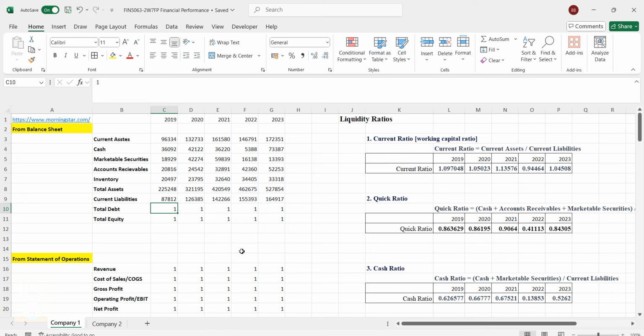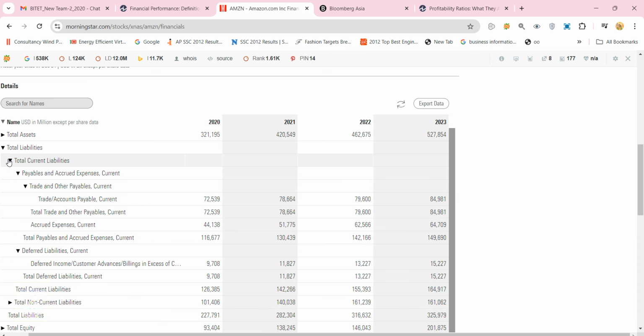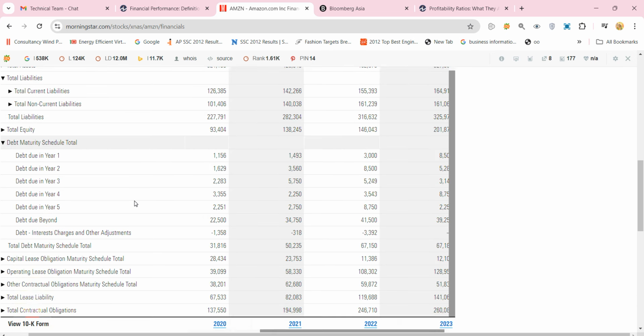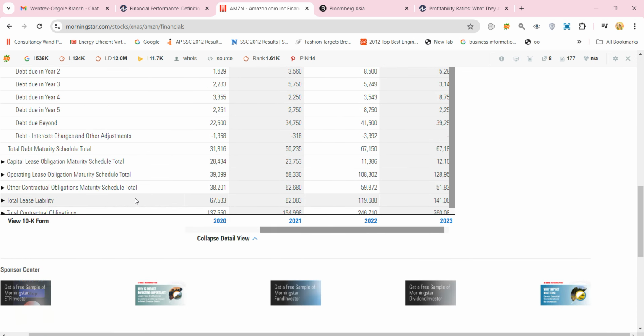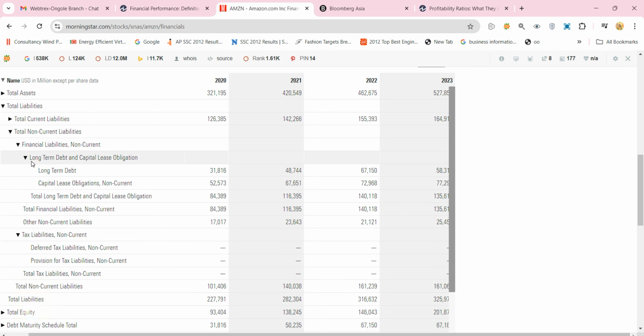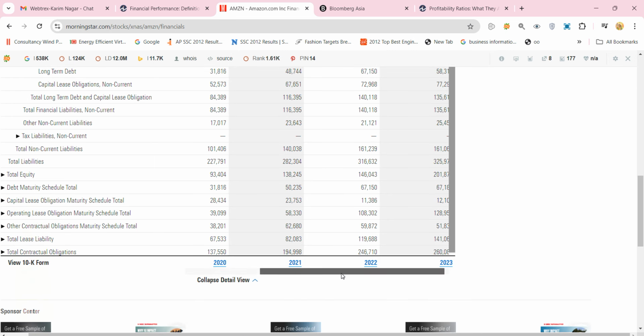Next is total debt. Let me show you. You can see total debt under total non-current liabilities. In that you get long-term debt. This is the value of your total debt. Let me minimize other things. Here you are supposed to add the long-term debt values.